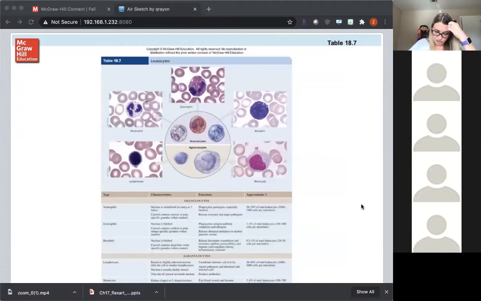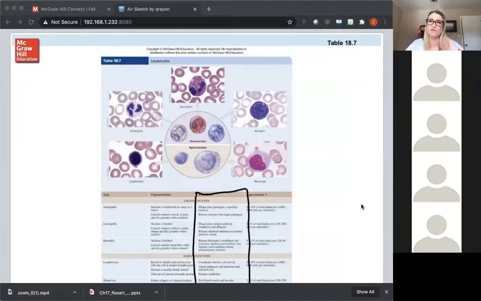And what I would like you to know for these leukocytes is what they do. You don't need to worry about characteristics. I'm not going to make you identify them. Your LearnSmart might have you identify them, which is when you reach for the book and look it up, okay? But on the exam, I'm not going to make you identify these based on characteristics. I want you to know what their functions are.